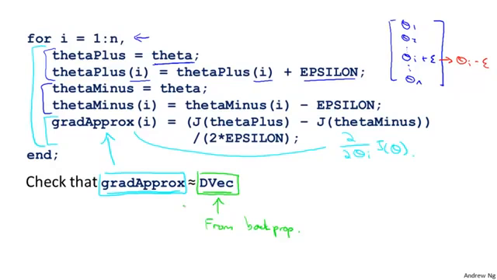And if these two ways of computing the derivative give me the same answer, or at least very similar answers, up to a few decimal places, then I'm much more confident that my implementation of backprop is correct. And when I plug these dvec vectors into gradient descent or some advanced optimization algorithm, I can then be much more confident that I'm computing the derivatives correctly, and therefore that hopefully my code will run correctly and do a good job optimizing J of theta.